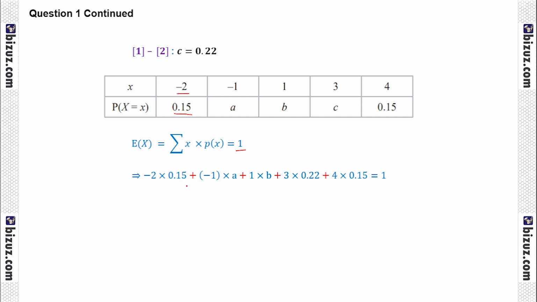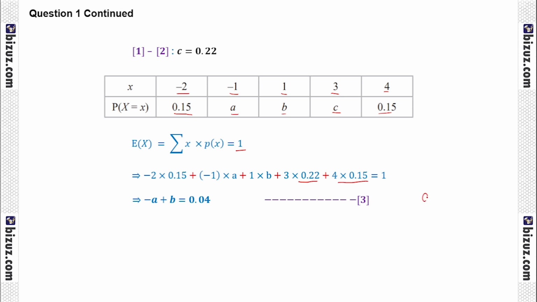So minus 2 into 0.15 plus minus 1 into a plus 1 into b plus 3 into c. However, we already know c, so that's 0.22, and plus 4 into 0.15. Now this is equal to 1, and if we simplify this, we get minus a plus b is equal to 0.04. That's our third equation.